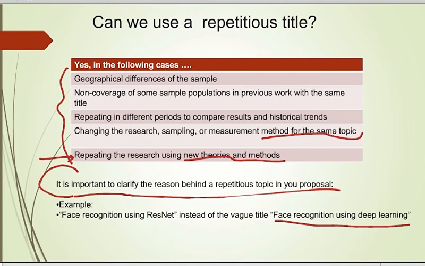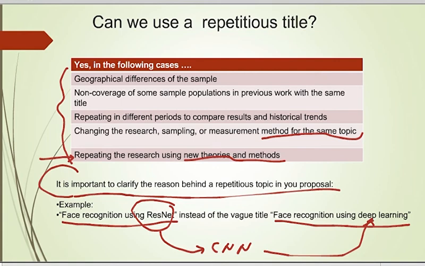For example, if somebody else had this title, face recognition using deep learning. You read their paper, maybe you want to use another method for deep learning, for face recognition.